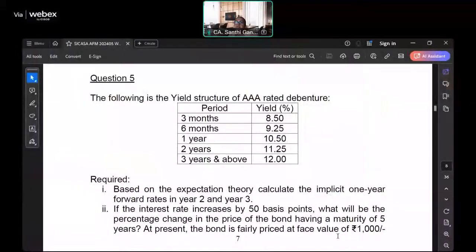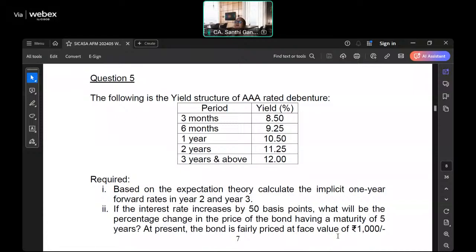Next, we can consider the yield curve. That is what we are going to do next. Yield curve, term structure of interest rate. What is a yield curve?